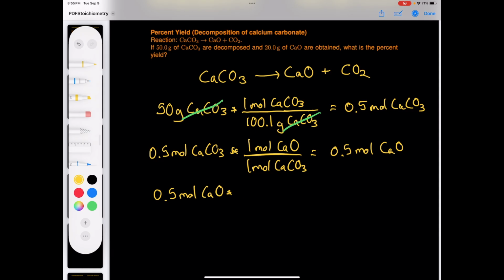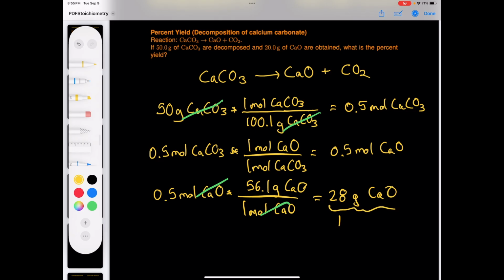We'll convert that into grams, our theoretical grams. So 1 mole of CaO has, so let's see, that is 56.1 grams of CaO. Okay. Multiplying them, canceling out the units, right? Canceling the moles out. 0.5 times 56.1 gives me about 28 grams of CaO.